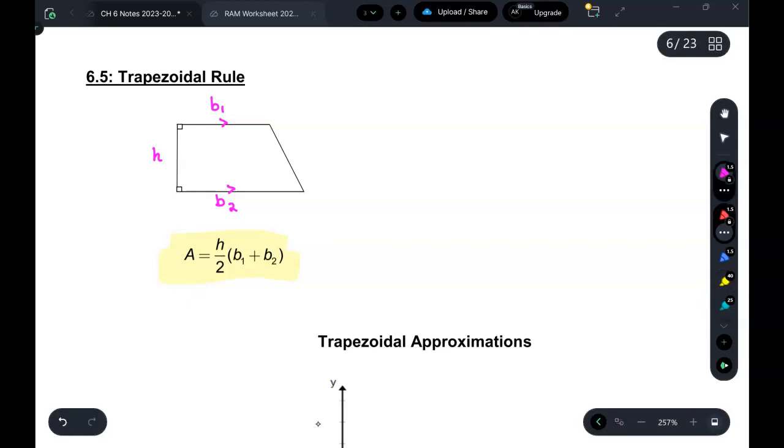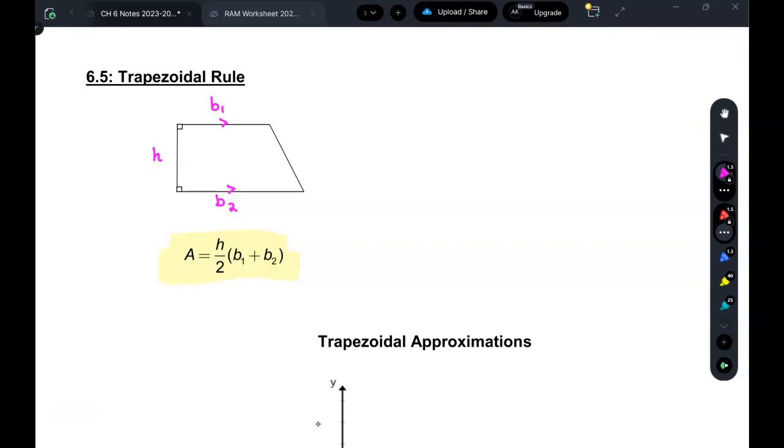Okay, now what's going to be different? Remember yesterday we used rectangles to approximate the area under the curve? Now we're going to use trapezoids, but we're going to flip the trapezoid on its side. So now the height will be on the bottom, and our base 1 and base 2 will be switched around.